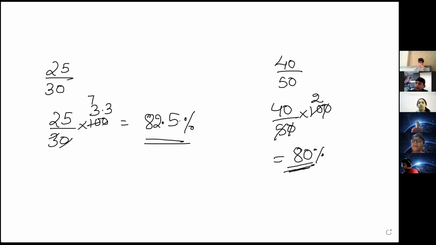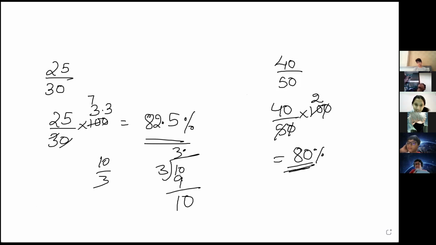Ma'am, but I was asking 30 into 100. So you did 3 ones are 3 and then 3 3s are 9. So how did you get 0.3? It is 0, I already cancelled first. Decimal division, 10 divided by 3. 3 3s are 9.